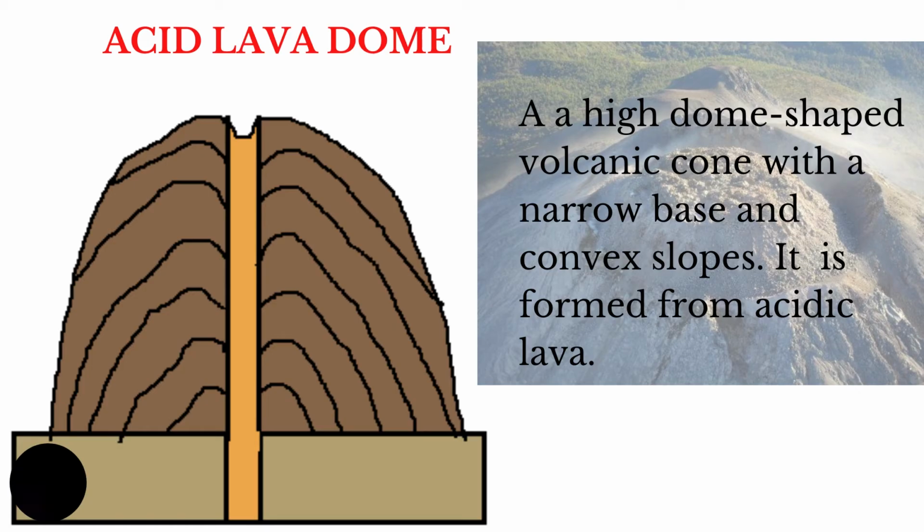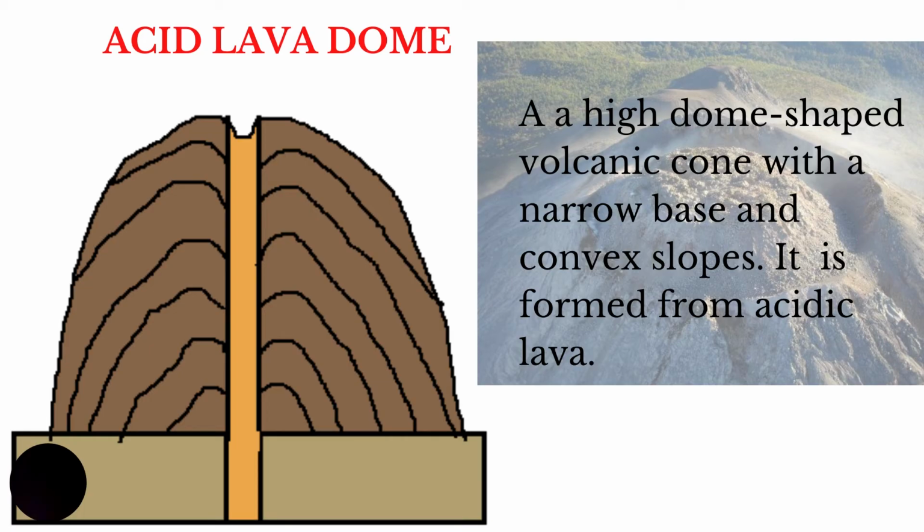Acid lava dome is a high dome-shaped volcanic cone with a narrow base and steep convex slopes. It is the result of the eruption of acidic lava.